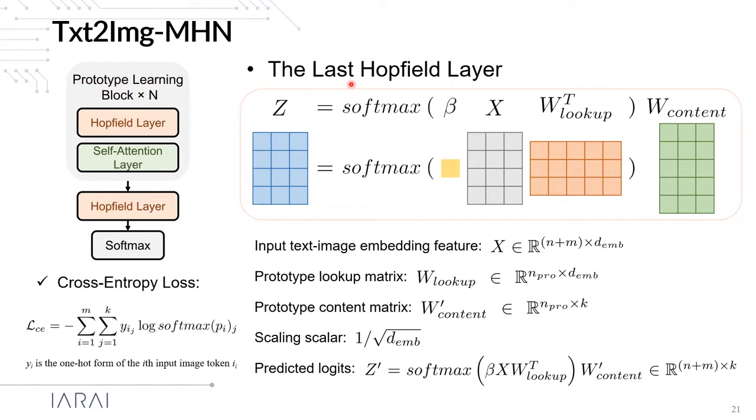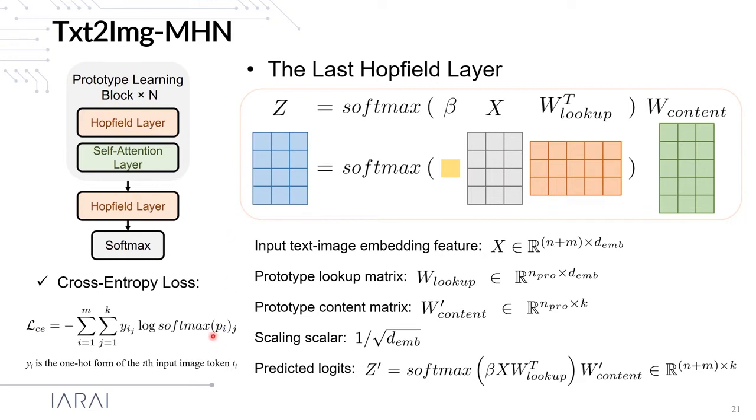The main difference of this Hopfield layer is that the dimension of the prototype content matrix is changed to n prototype by K, where this K parameter indicates the number of code words defined in the VQVAE, so that later we can regard the output feature Z as the predicted logits.